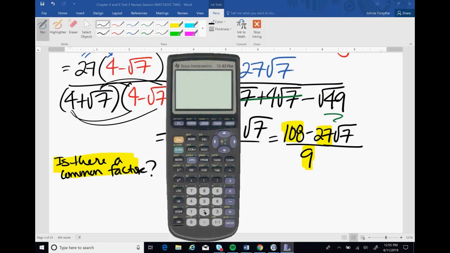We know that 27 divided by 9 gives you a whole number, and 108 divided by 9 is a whole number. So we can divide 108, 27, and 9 by a common factor of 9.